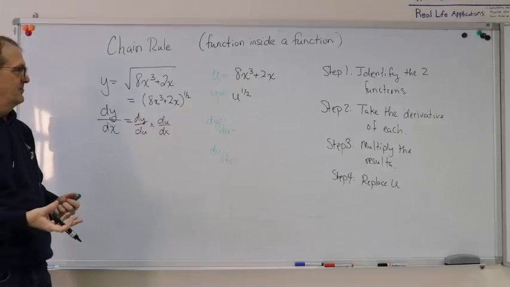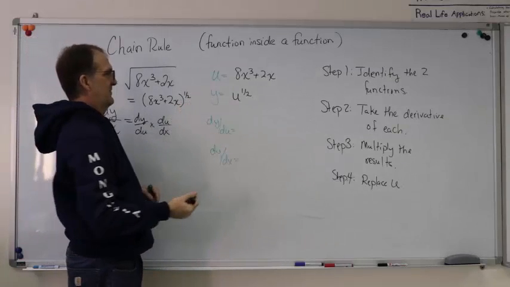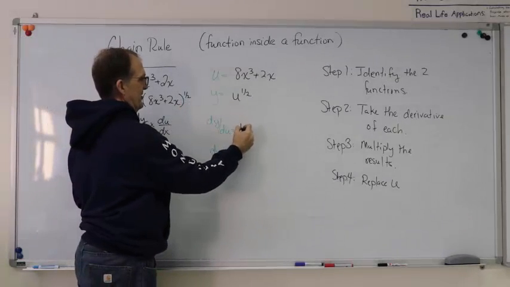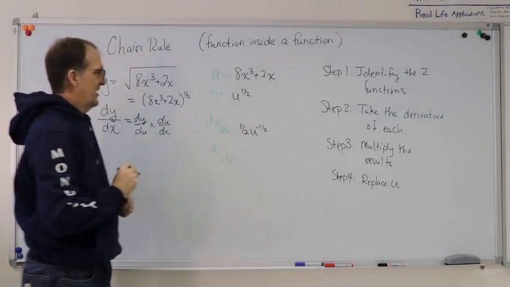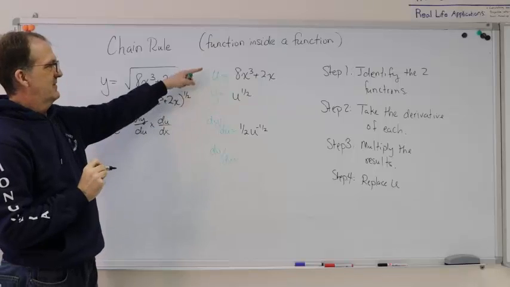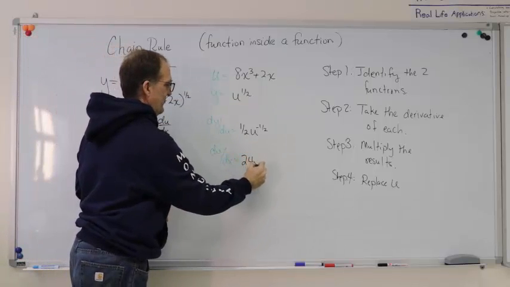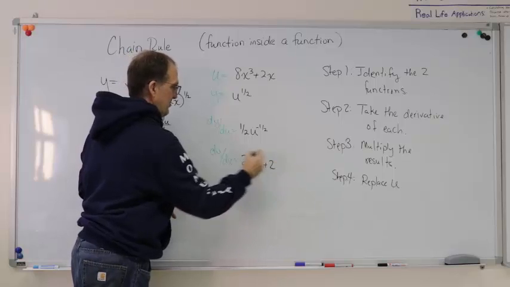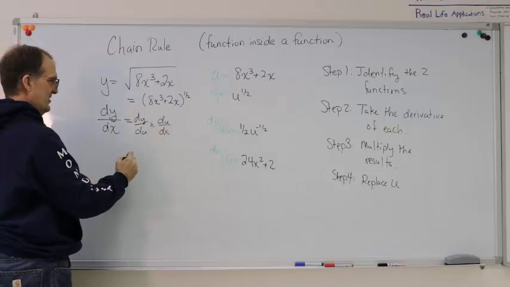So there's step 1. Step 2, derivative of u to the half is 1/2 u to the negative 1/2. The derivative of u, 24x squared plus 2. Multiply these two together.